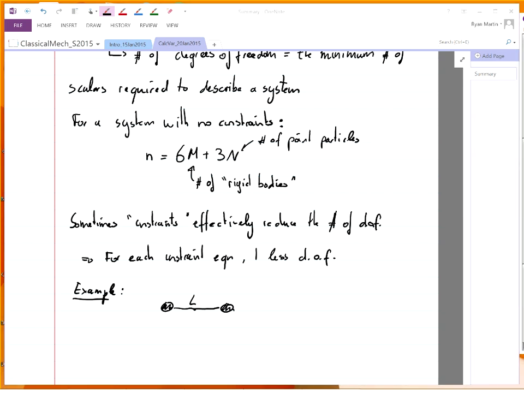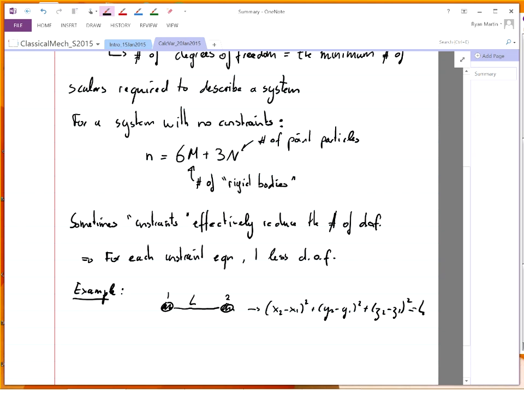So you can write a constraint equation, if this is mass 1 and mass 2, you can write a constraint equation of the form something like (x2 minus x1) squared plus (y2 minus y1) squared plus (z2 minus z1) squared equals L squared.